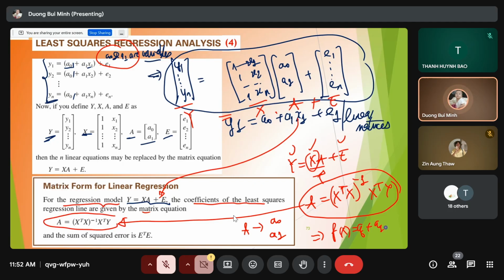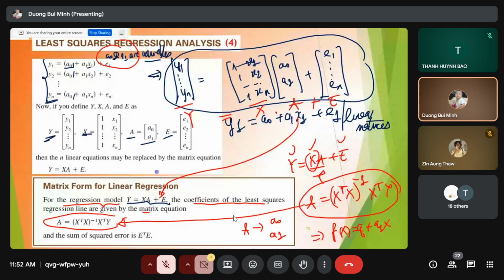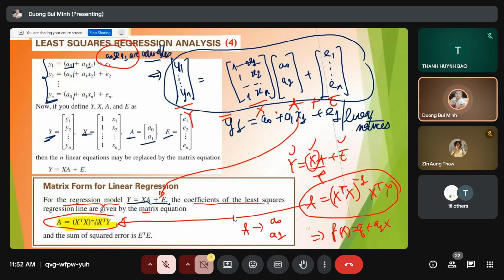Here, this is the regression curve we defined before. If we calculate a by these formulas, you can get the linear curve. But the question is, how can we know a is the inverse of x transpose x, times x transpose y?